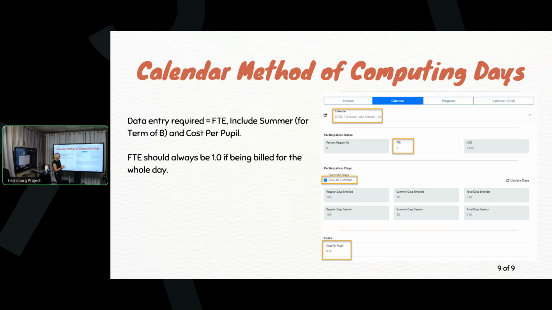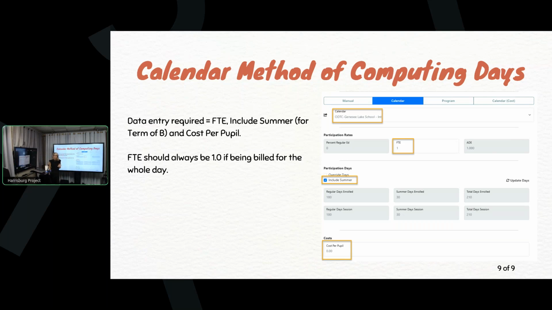Of course, the default is calendar. You won't be able to change it. In the calendar dropdown, you're going to pick the school, so that calendar will be underneath that school name. Your FTE will default to 1. Almost always you leave it at 1.